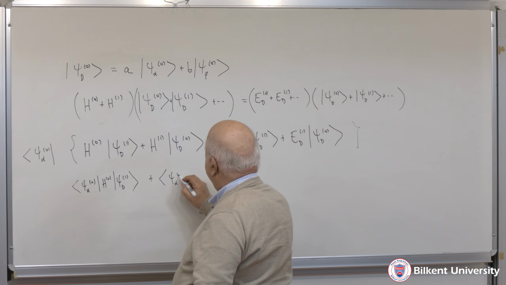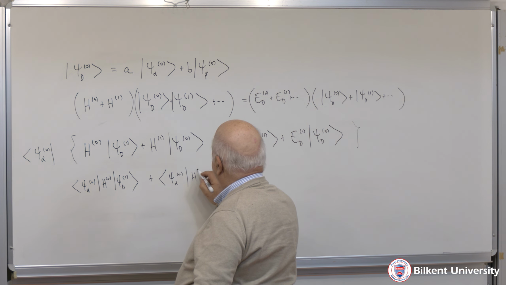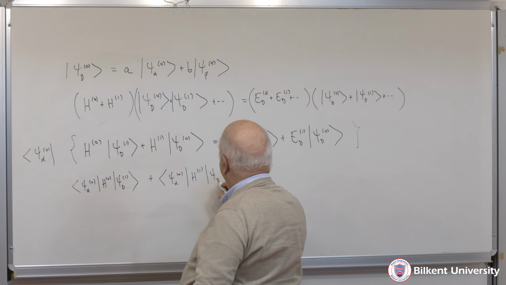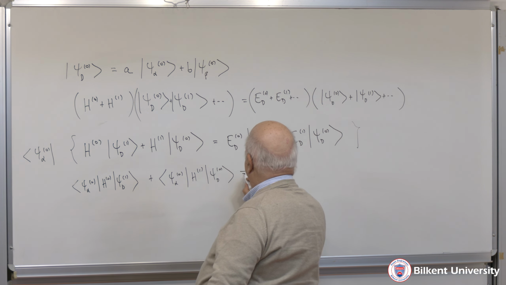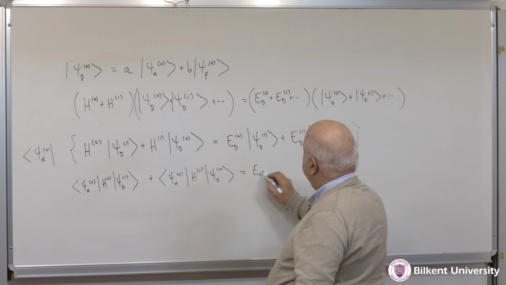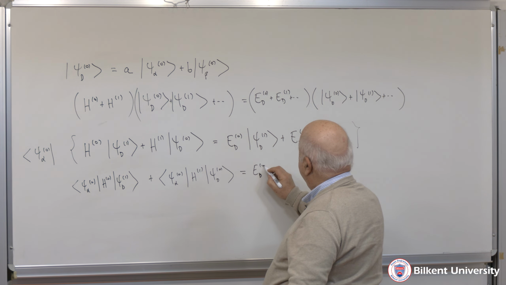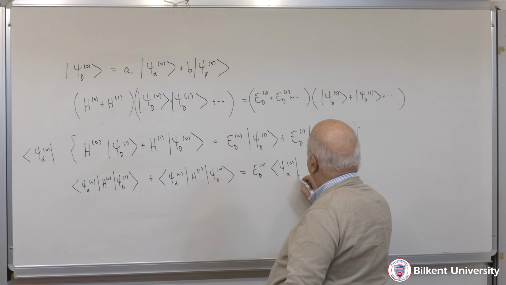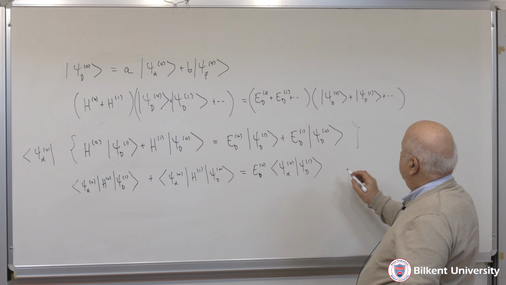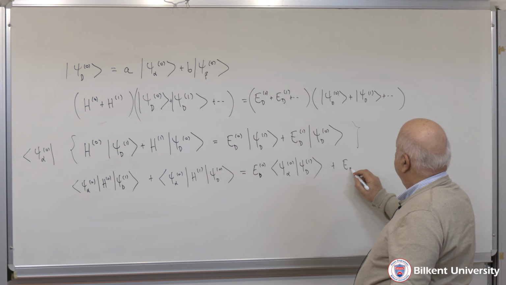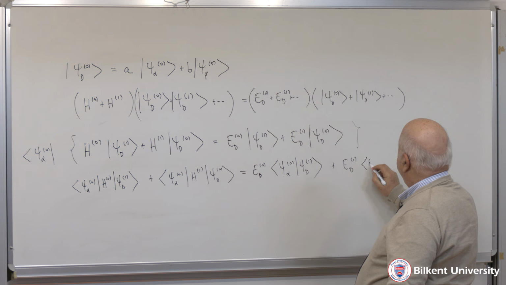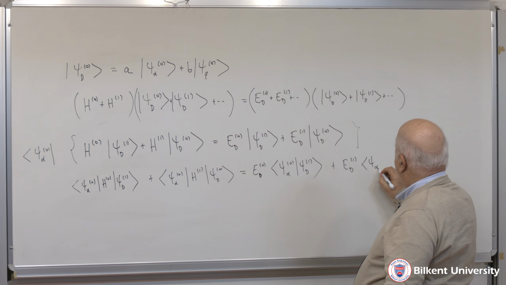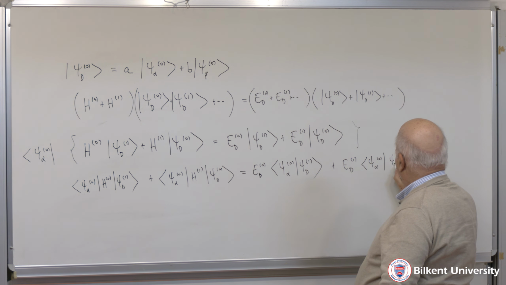Psi alpha 0, H1, psi d0 is equal to E d0, which is just a constant, times psi alpha 0, psi d1, and finally plus E d1 psi alpha 0, psi d0.